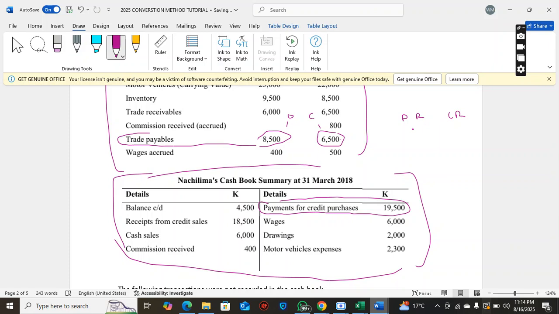Yes, Madam Geraldine. Whenever you make a credit purchase, what's the general entry, so that we see the full picture here? You debit purchases.